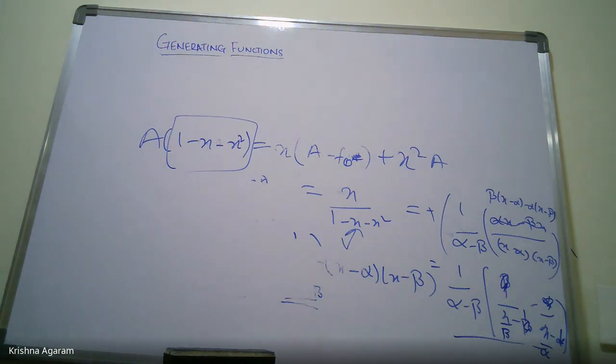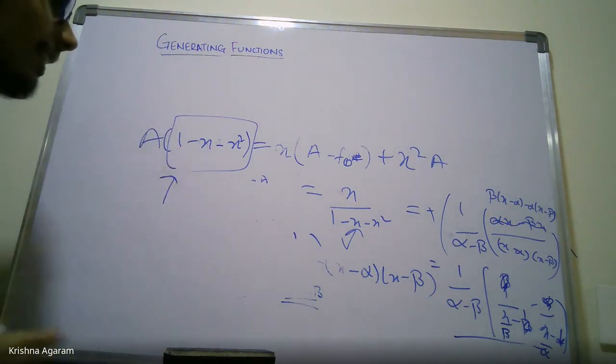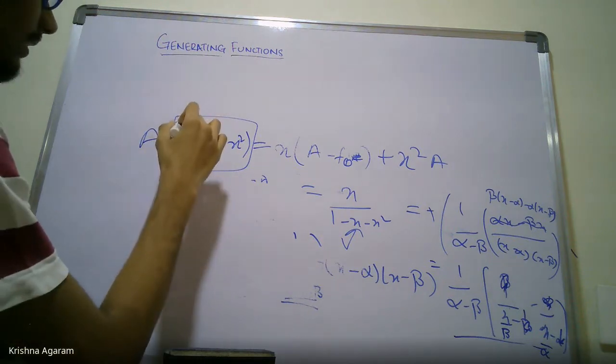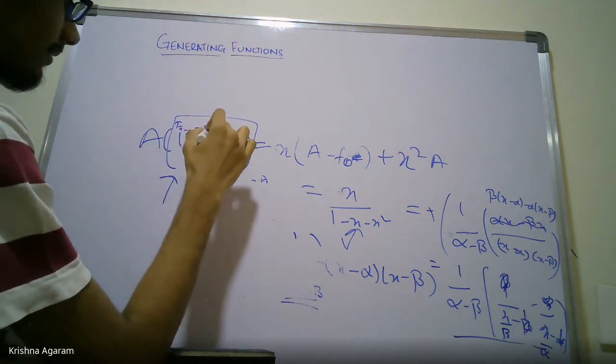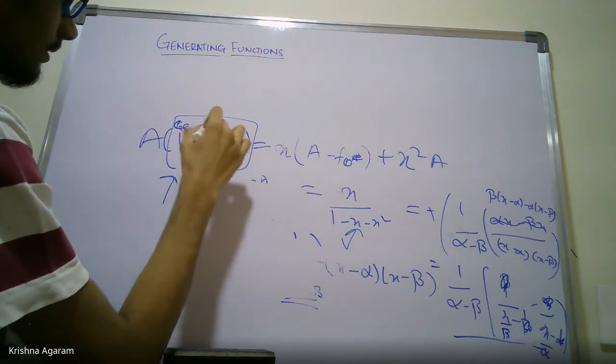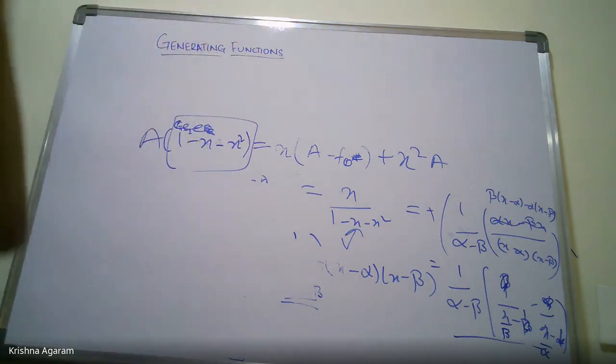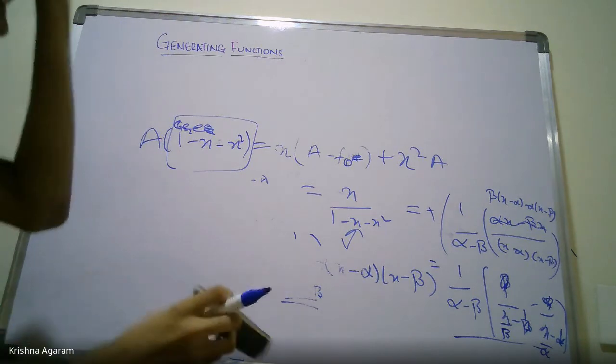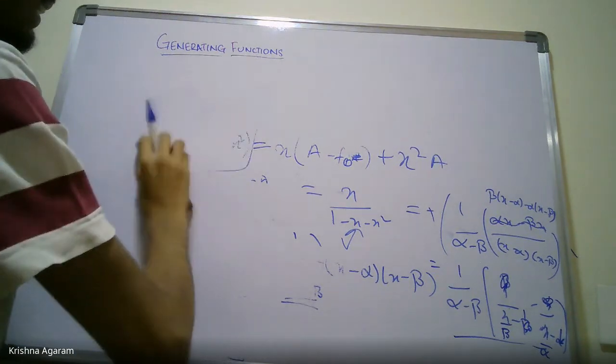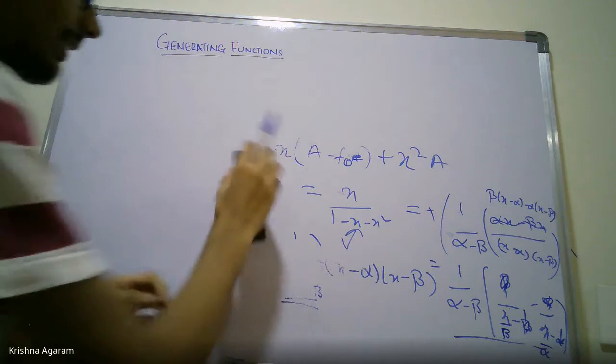And that's not a coincidence. This is how you find the Fibonacci recurrence, f_n minus f_{n-1} minus f_{n-2}. If you use 1 by x, then it's that. That is just because you multiply.